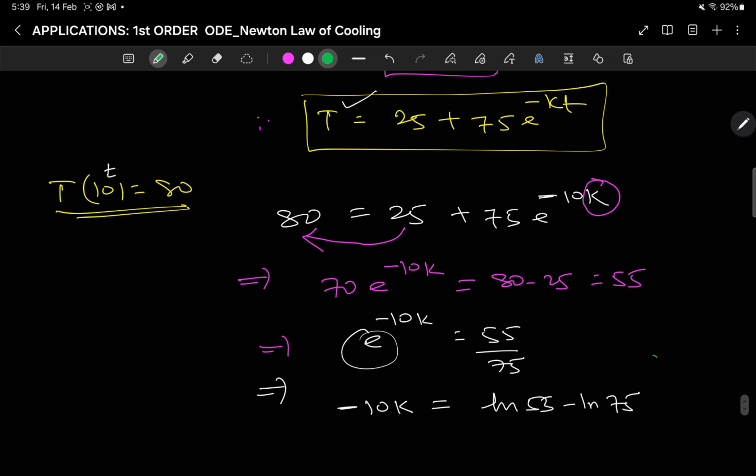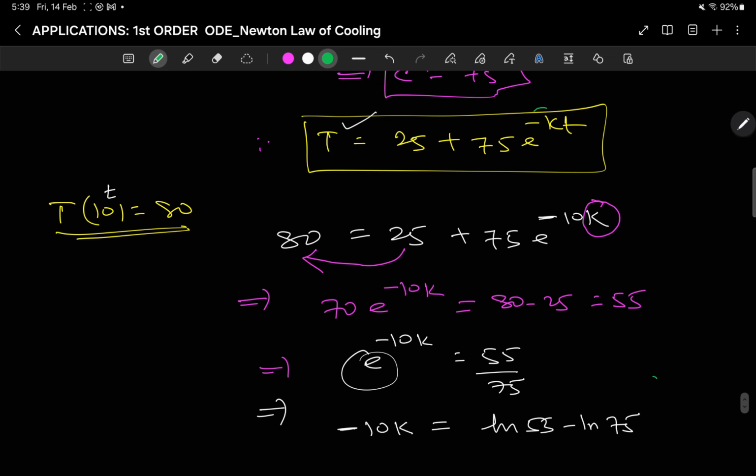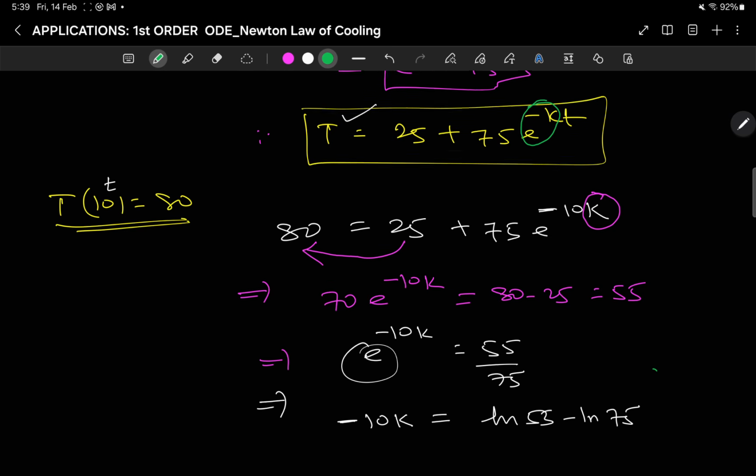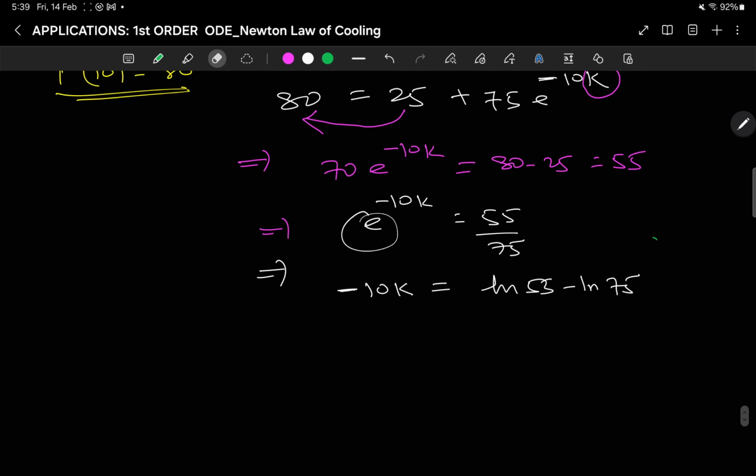Or we may do one thing. Instead of k, we find e to the power minus k. What is the value of e to the power minus k? Then the calculation will be simpler. So e to the power minus k will be (55 by 75) to the power 1 by 10.